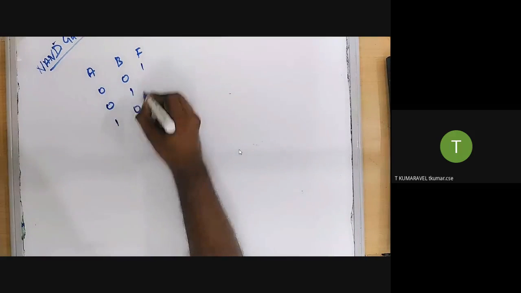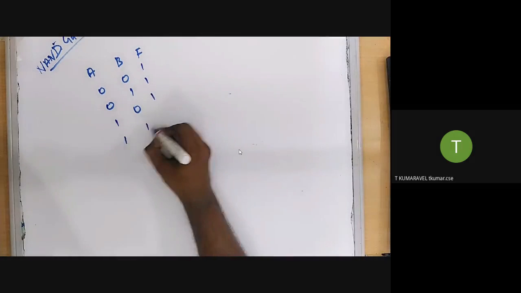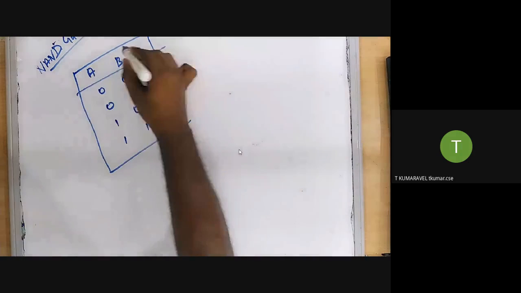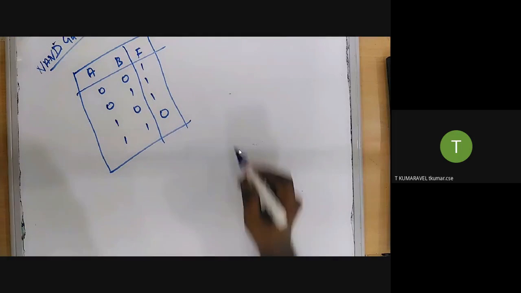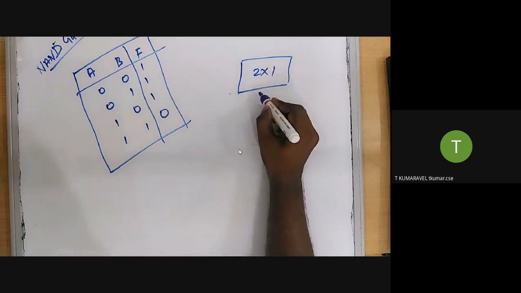You want to implement that functionality using a 2 by 1 multiplexer. How do you do that?